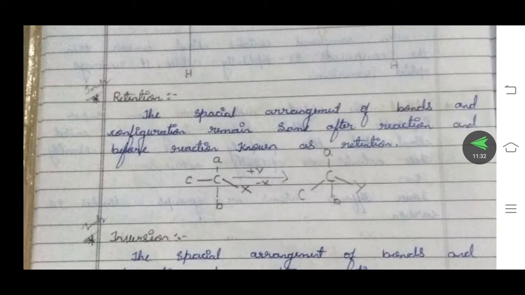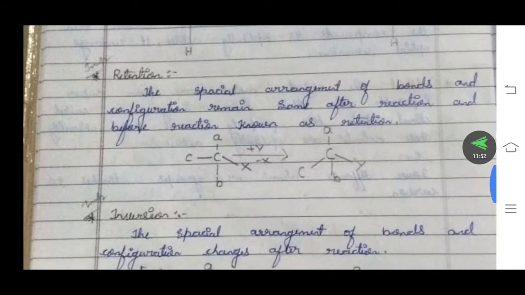Where A is, that remains the same, where B is, that remains the same, and where C is, that also remains the same. Only we are removing X and adding Y at the same position. Also, if the reactant is dextrorotatory, the product also gives dextrorotatory. So this type of reaction we call retention.